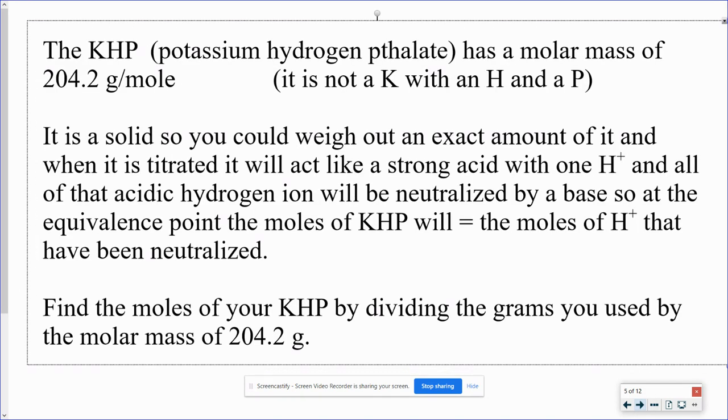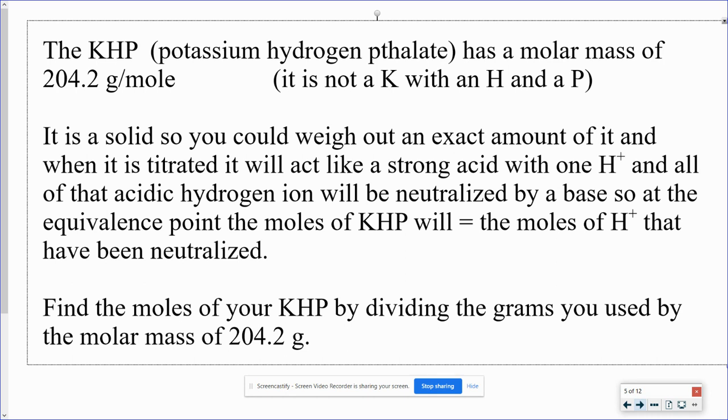Again, the KHP is called potassium hydrogen phthalate. It is not a potassium with a hydrogen with a phosphorus. KHP is the abbreviation for it. The molar mass of it is 204.2. It's a solid. You can weigh out an exact amount of it, and when it's titrated, it acts like a strong acid in that all of the H+, the acidic hydrogen, will be neutralized by the base.